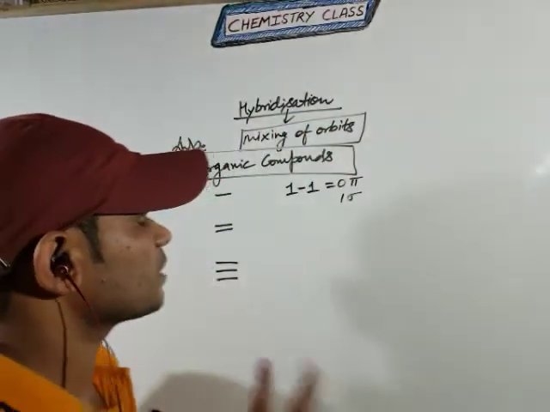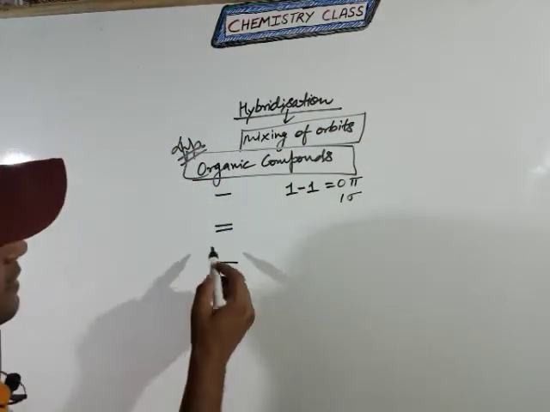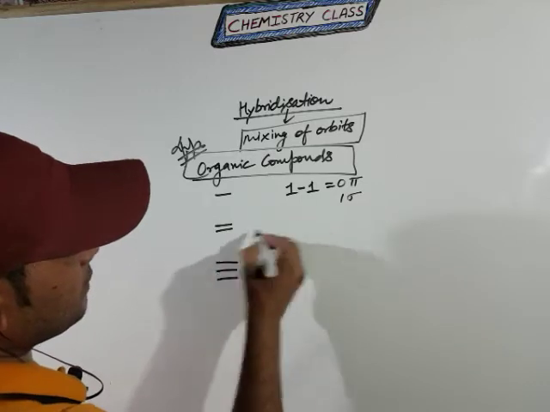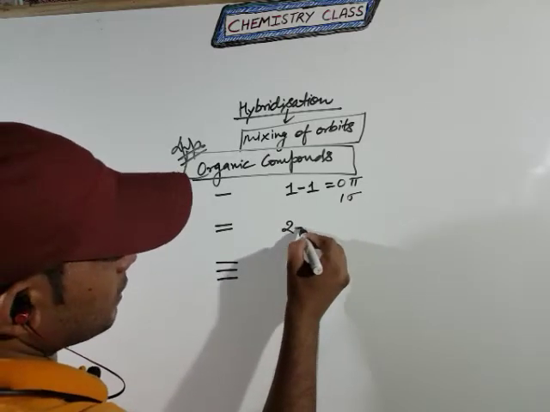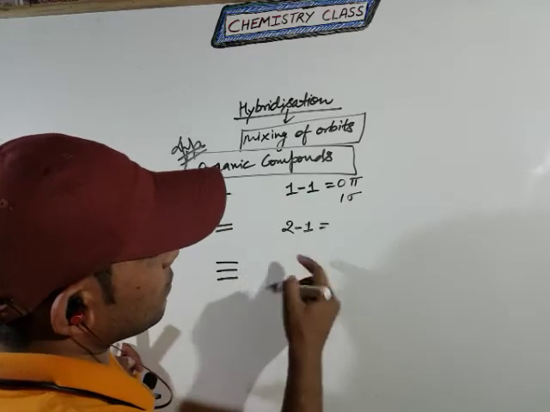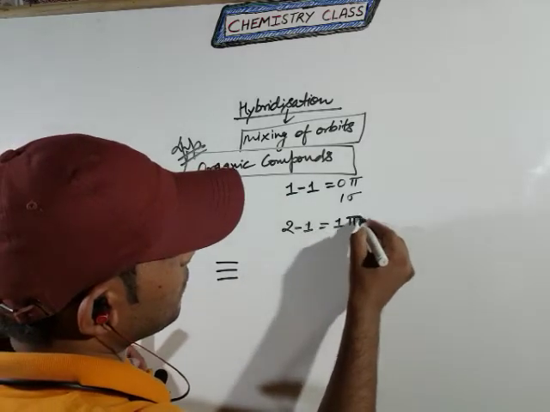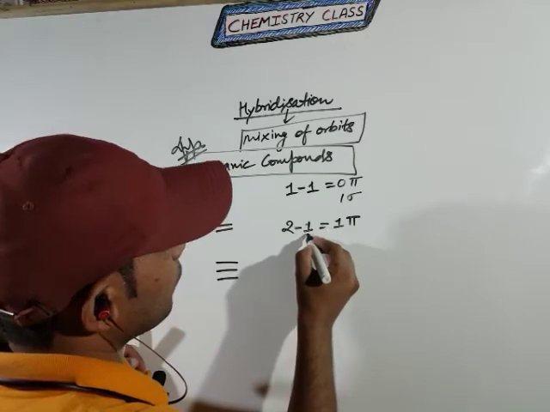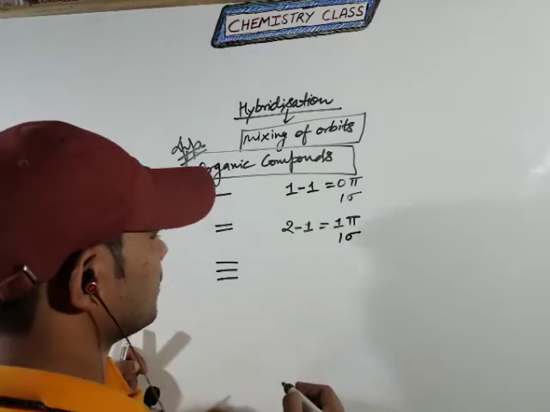the given compound. If you have a double bond, that means the number of bonds is 2. Clear? And the formula is automatically subtract 1, so it will come 1 pi bond, and how much subtract? 1, that's why 1 sigma.